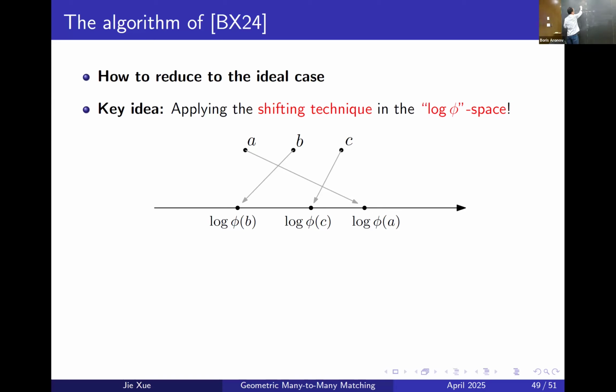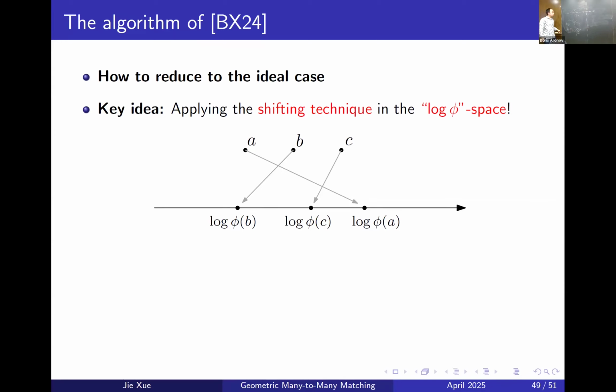If this one is greater than 1, then that means phi y over phi x is at least 1 over epsilon, because you are in the log space. If it's greater than 1, you can safely remove it.